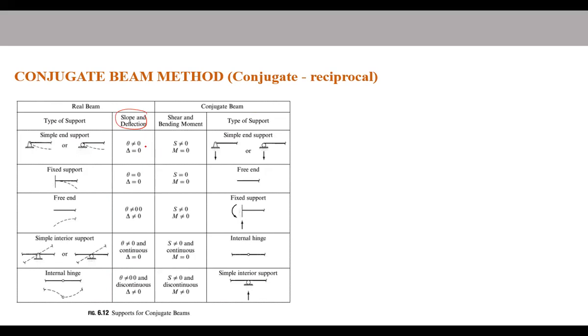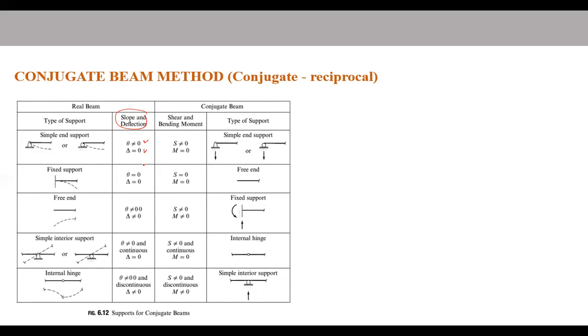Now, that beam is going to be converted to a conjugate beam. In the conjugate beam, what is slope equivalent? Shear force. What is deflection equivalent? Bending moment.